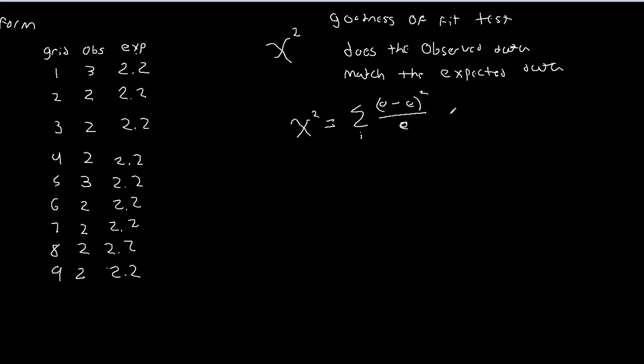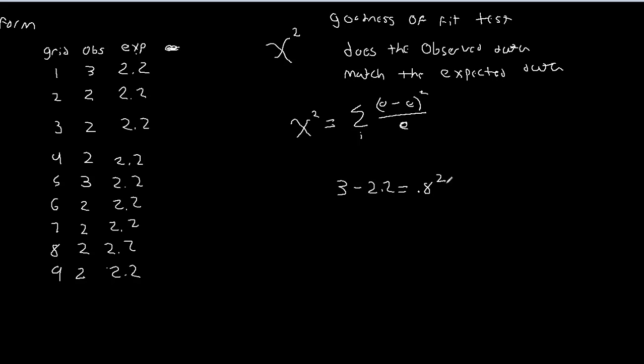So let's go ahead and quickly do this. I'm going to hopefully have enough room to do O minus E squared divided by E. For the ones that are 3, we get 3 minus 2.2 equals 0.8.